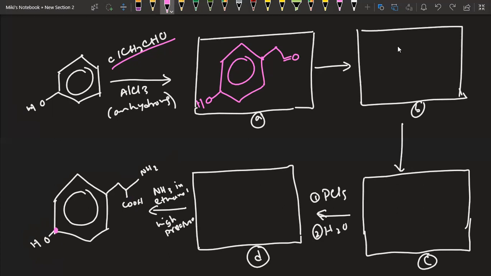Now that means we need 1 more carbon if we try to observe. But before that, let's see what we have here. There's an aldehyde. Now from the aldehyde, we don't know what this is, but if we assume what could be here, it could be an alcohol or a carboxylic acid. Now, how do I say that?